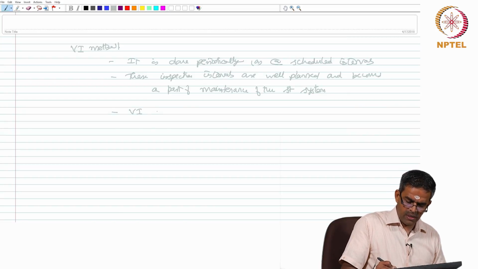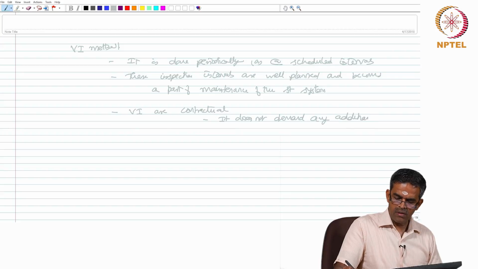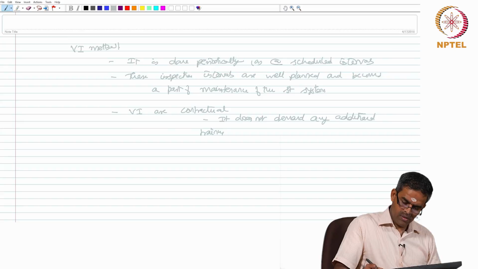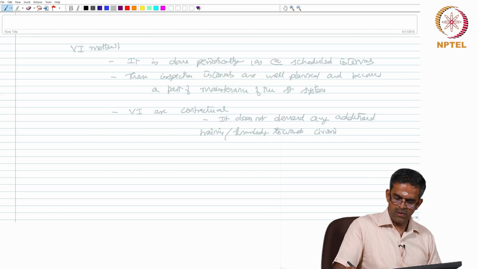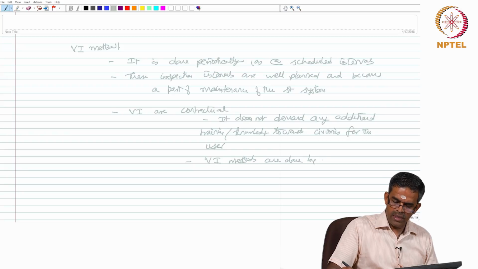More or less visual inspections are contractual. It means it does not demand any additional training or knowledge towards civil and other engineering for the user, because usually visual inspection methods are done by expert third party.